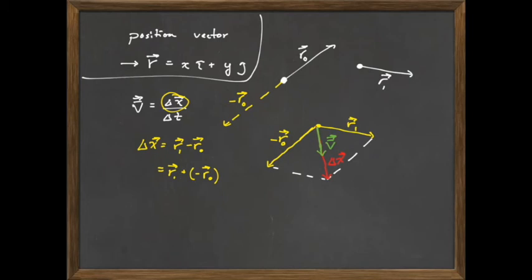So that's the idea, and you can almost see that here. If I were to pick this line up and move it to the tip of R0, you'd get this line, almost straight down.